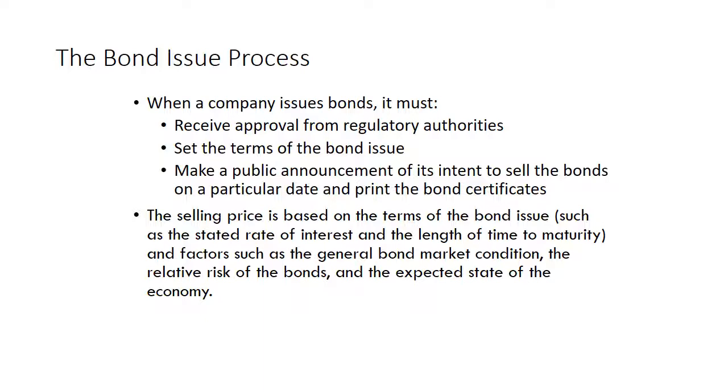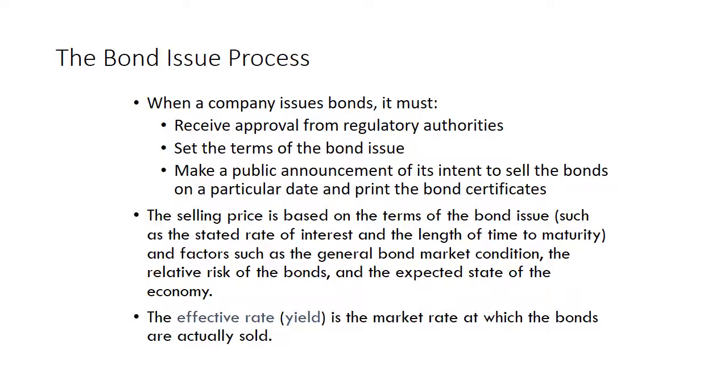So the selling price is based on the terms of the bond issue and factors such as the general bond market, the risk of the bonds, and the expected state of the economy. So they look at all these things. What's very important is, on the first day the bond is sold, what is the effective or market rate of interest?